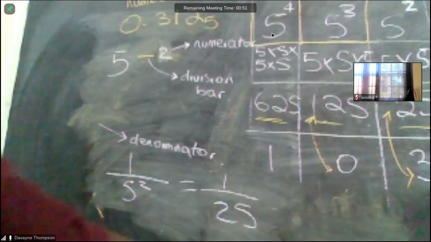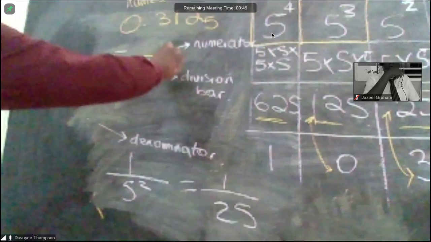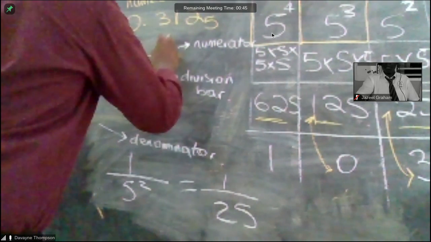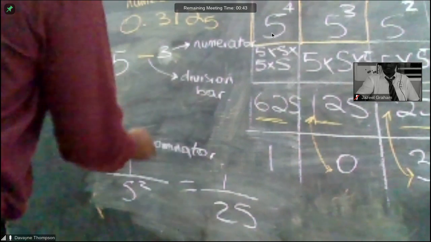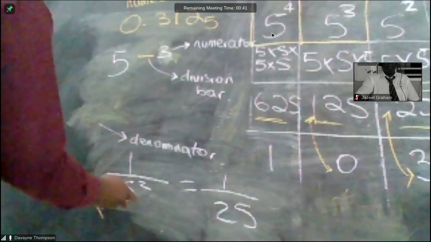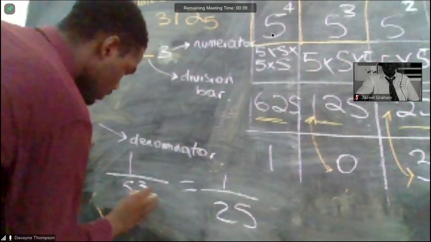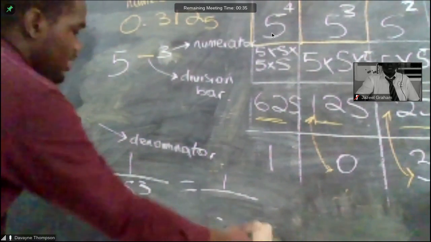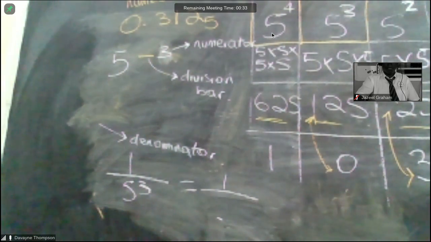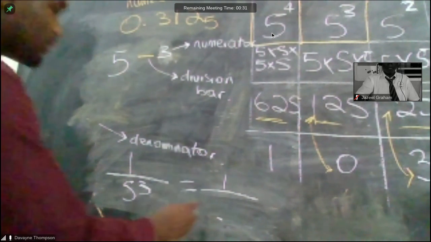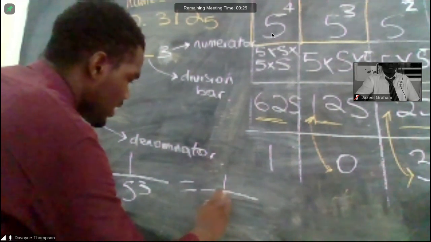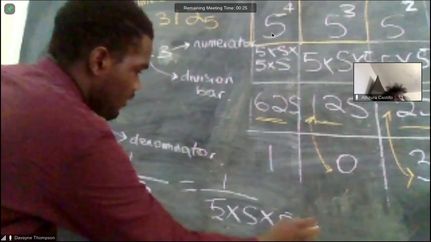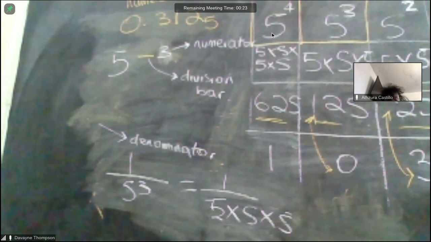Let's do another one. Let's say we have 5 to the negative 3. We're going to carry this together, and we're going to put the 3 over. So we're going to have 1 divided by 5 to the 3. What's 5 to the 3? 5 times 5 times 5. Since 5 times 5 is 25, it would be 25 times 5.